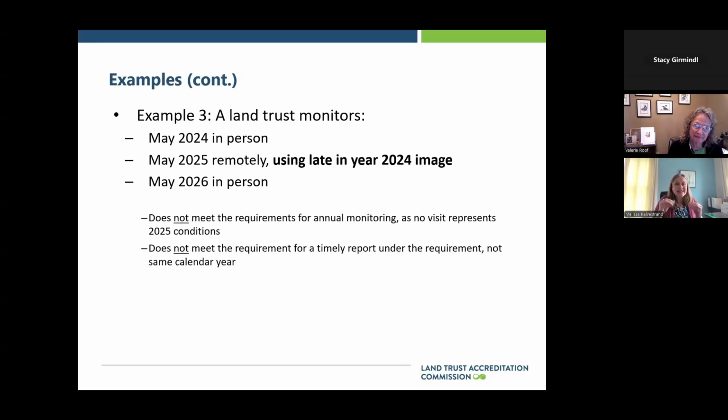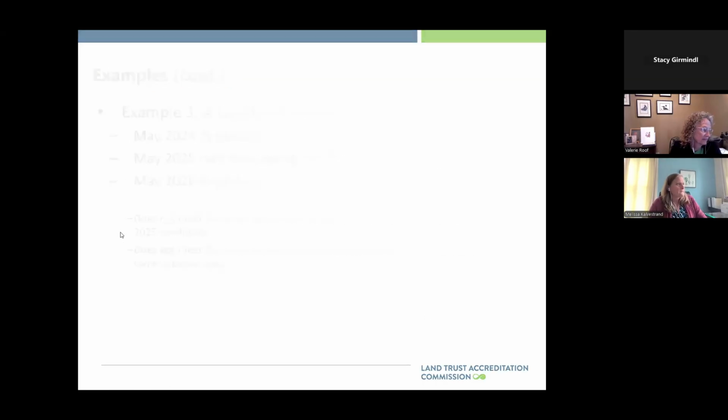While you're thinking, I did something in May of every year, that doesn't meet the requirement because no visit actually represents what was happening in 2025. So you have this gap from fall of 2024 to May of 2026 in your coverage of what is happening on that property. It's somewhat about the gap, but it is also about the outcome of actually having annual inspections and monitoring visits.